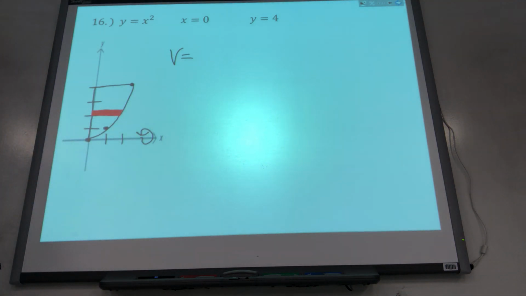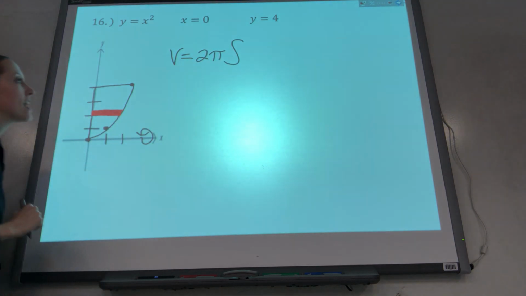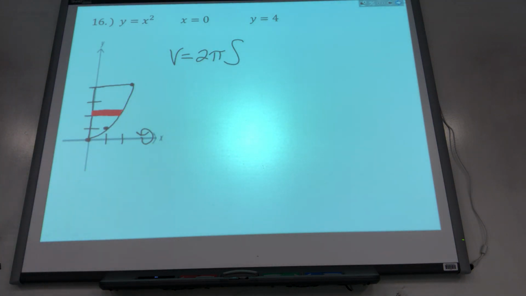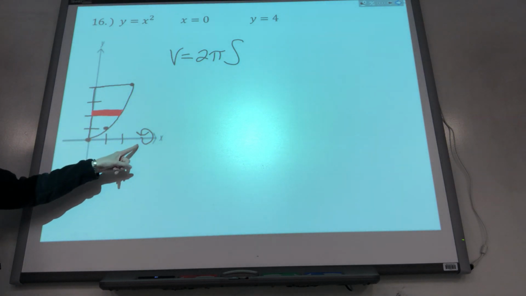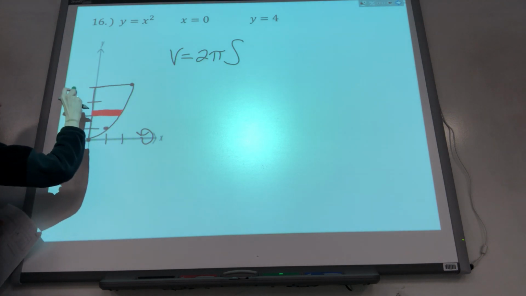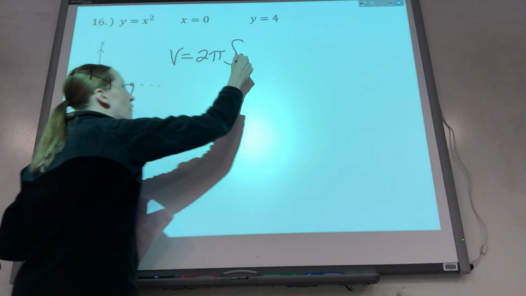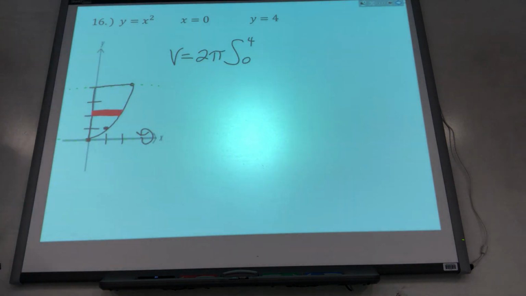Volume equals, if you remember our formula, there has to be a 2 pi out front, not just pi anymore. Now the bounds here. We're going around the x-axis, but that means we have to integrate with respect to y. So 0 to 4 should be our bounds, not 0 to 2. That would be if we're going the other way.